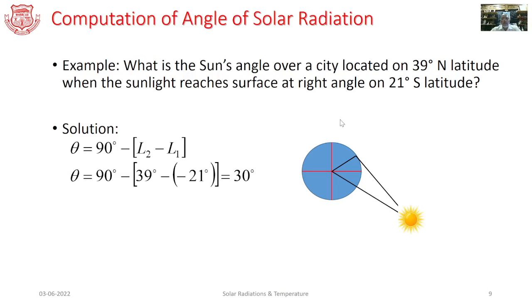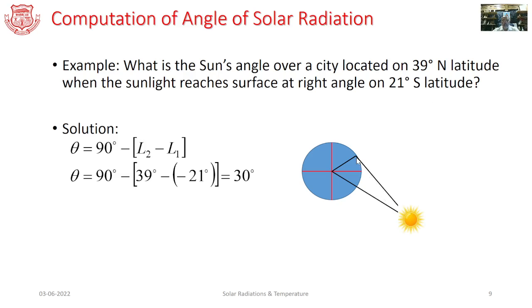We can compute the angle of solar radiation, which is demonstrated with this small example. Here we wish to compute the sun's angle over a city which is located at 39 degrees north latitude, whereas the sun which is placed at 21 degrees south is causing the rays to reach that city.